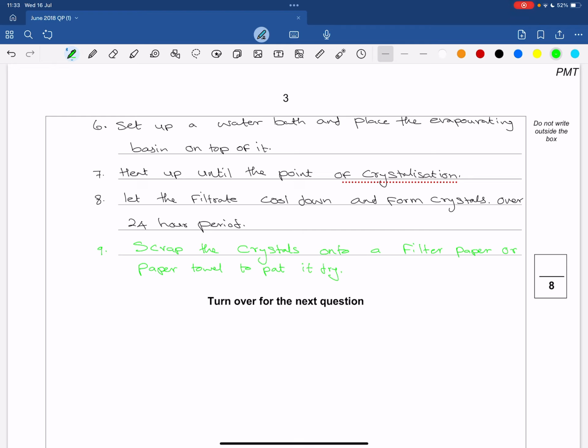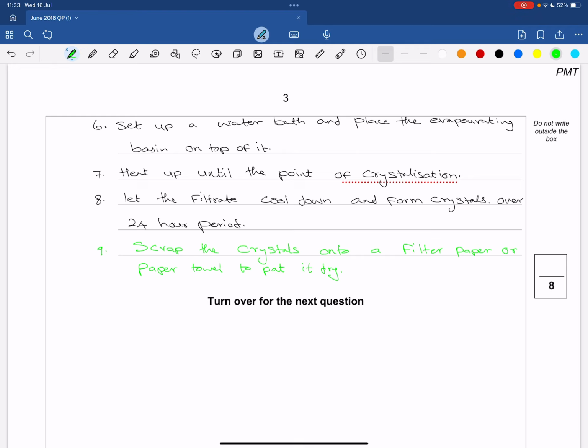Another thing is that we are using a water bath. Using the steam, we are heating up the filtrate rather than heating it directly with the Bunsen burner, because that can break the crystals and release toxic chemicals. So we don't want that to happen. Once the crystals are formed, let them form over a 24-hour period.